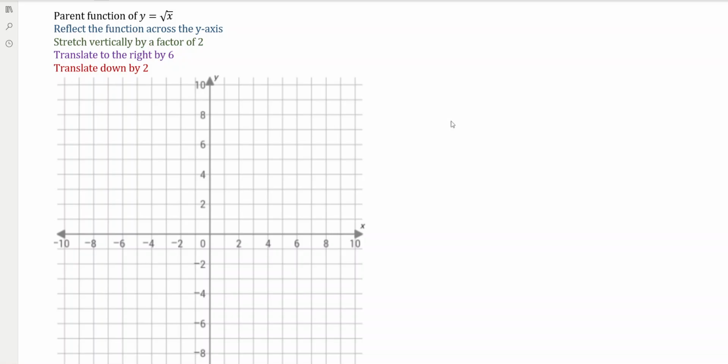So to start with, our parent function is the function y equals square root x.